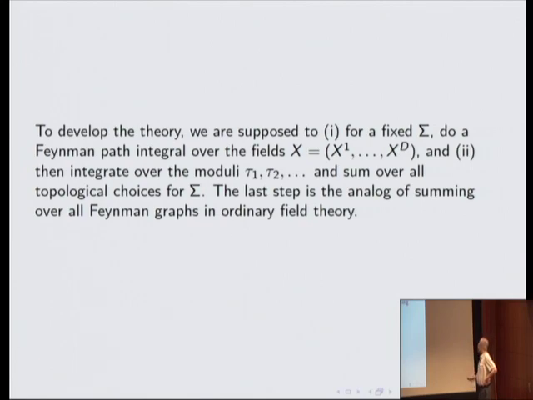And then two, integrate over the moduli tau 1, tau 2, and then sum over all topological choices for sigma. These are the three steps that parallel what one does in ordinary quantum field theory, where the sum over choices of sigma parallels the sum over Feynman graphs. The integration over the moduli parallels the integration over the Schwinger parameters, and the Feynman integral over the x's parallels the Feynman integral over the x's in ordinary field theory.